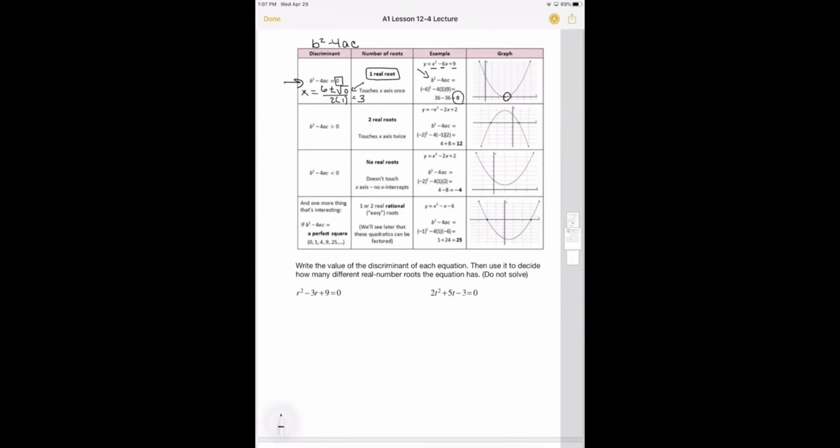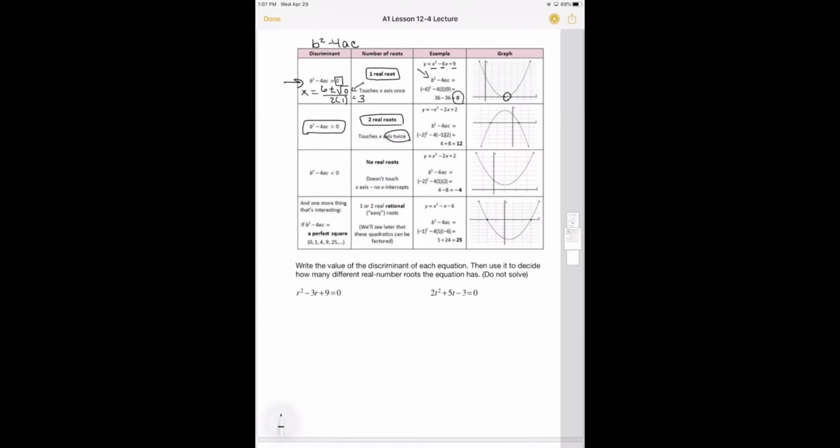Now, what if my discriminant is greater than 0? Or what if it is positive? Well, if the discriminant is positive, I'm going to have two solutions. I'm going to have two real solutions. And guess how many times it's going to intersect the x-axis? It's going to intersect it 2 times.